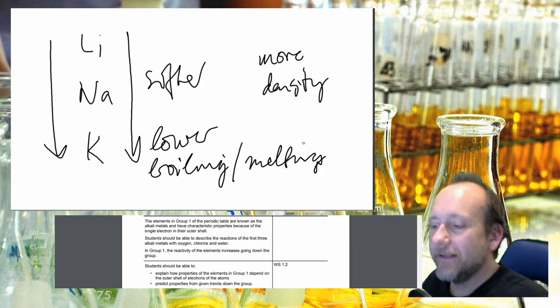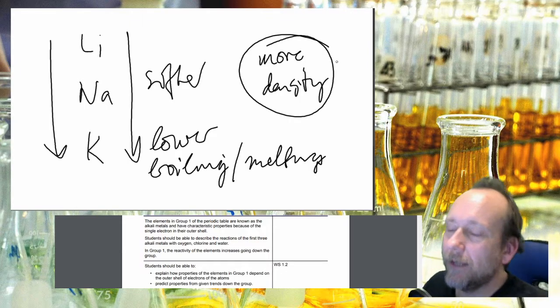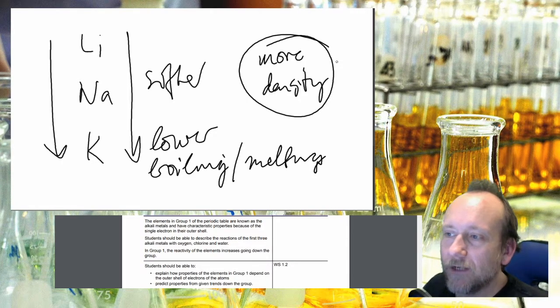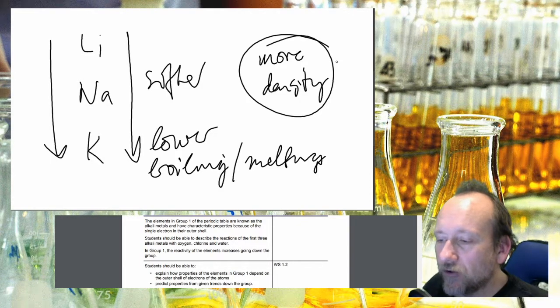The density is not quite as easy to explain because it actually hits a little snag around potassium. So from lithium to sodium to cesium and rubidium, it's fine, but potassium actually has a slightly lower density than sodium. But there are 2 factors which change down the group at the same time.